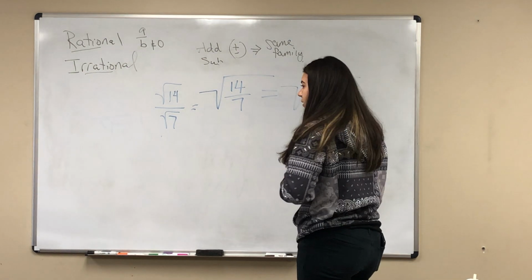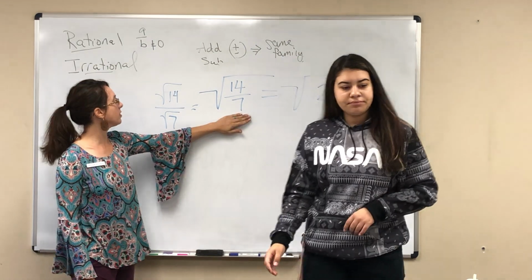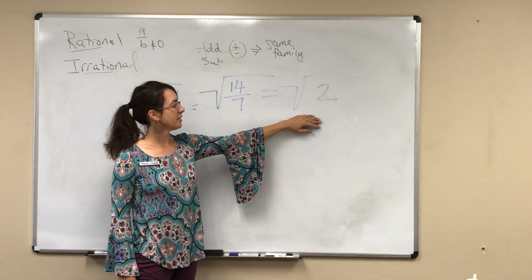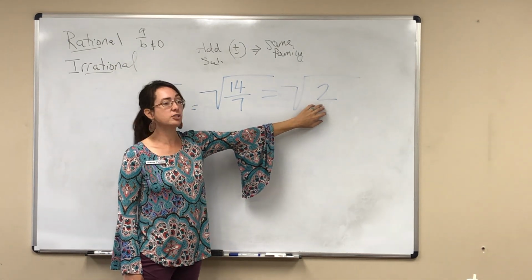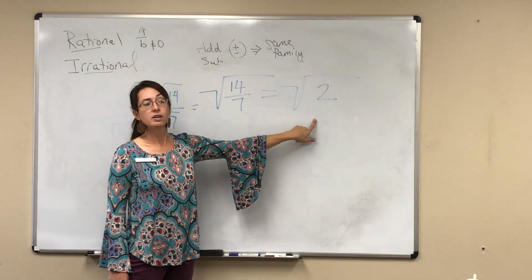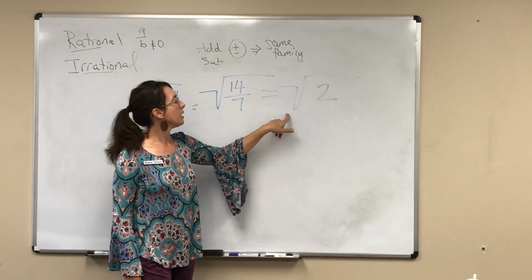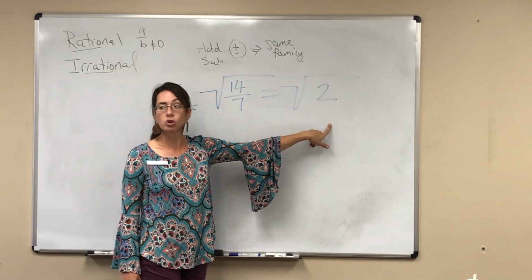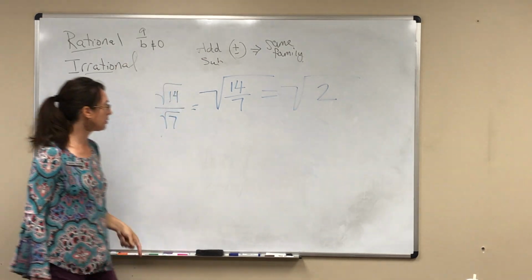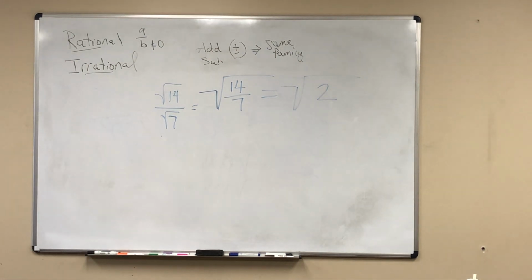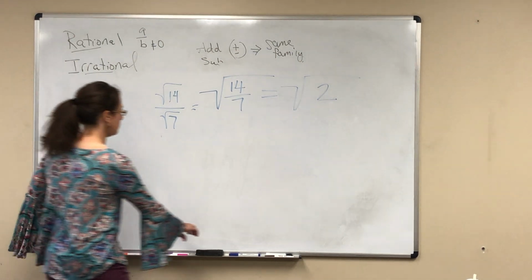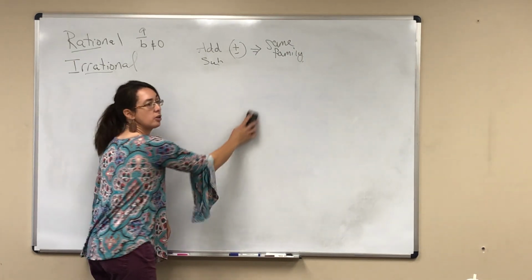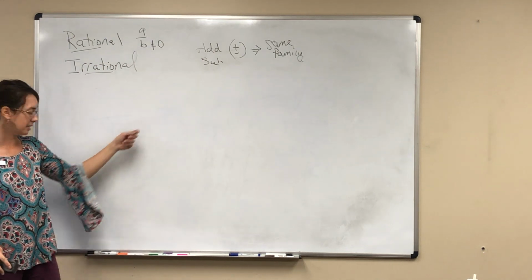Square root of 2. Excellent. So she rewrote them both underneath and solved underneath. Then if this ends up being an answer that you can simplify more, then you need to simplify it. So if this ended up being the square root of 4, then you would write the answer as 2. You just keep simplifying down. Okay, everyone got that? You're just doing division, just rearranging it, basic division.